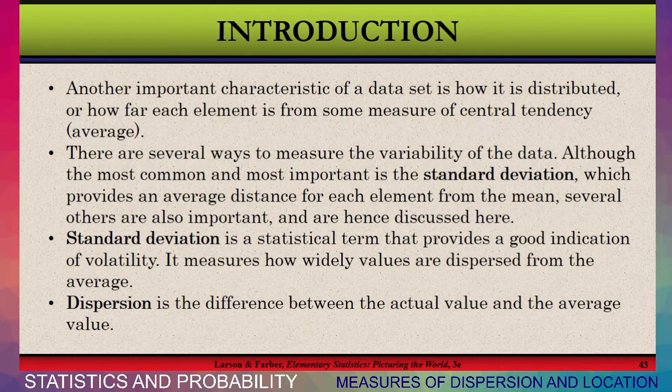So, malalaman natin kung gaano ka-disperse yung isang data kapag pinag-minus natin yung ating x or actual value and the average value which is si mean. So kaya, si measure of central tendency at si measure of dispersion or location ay magkaduktong or magkapatid. So without knowing the mean, hindi natin makukuha si dispersion or si standard deviation.